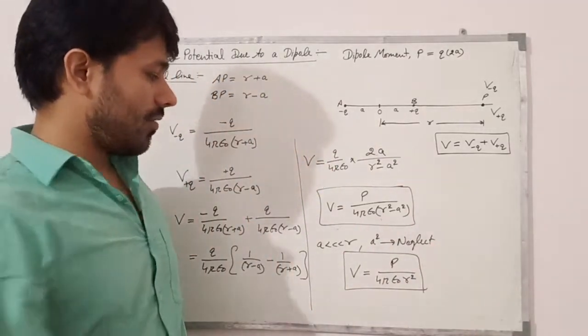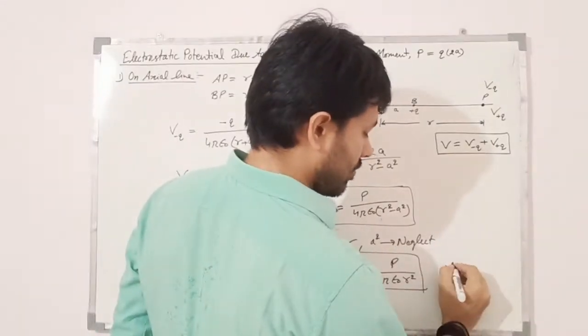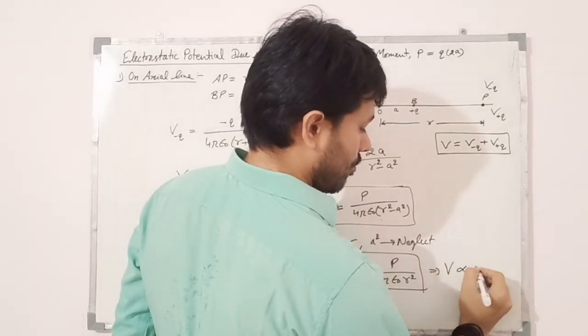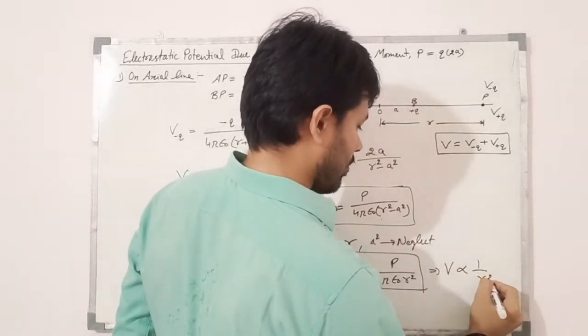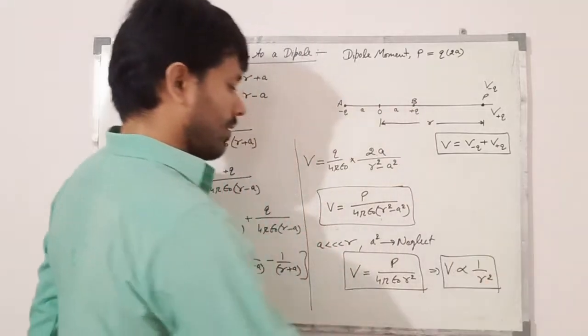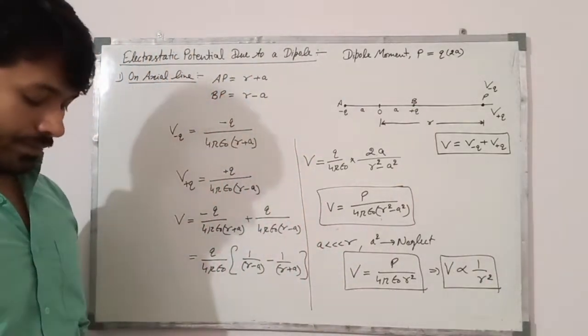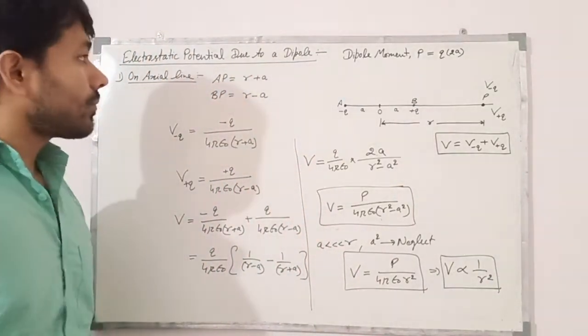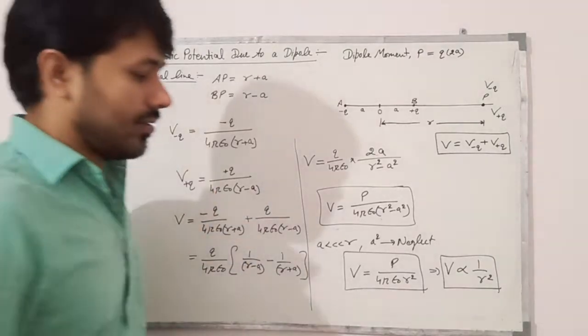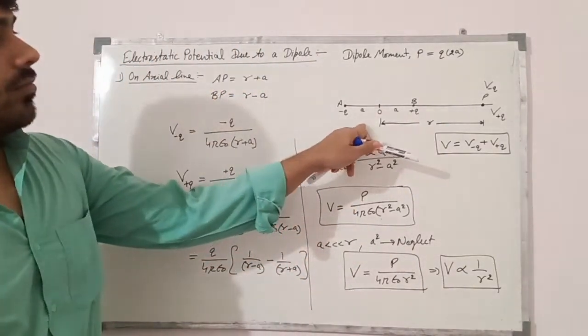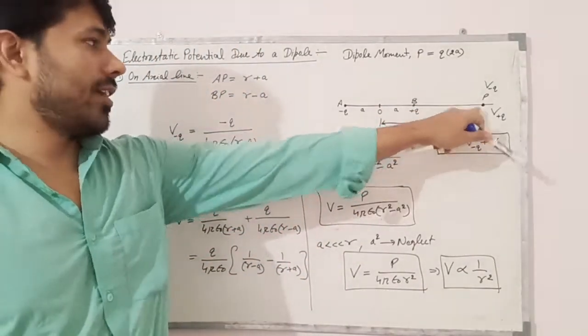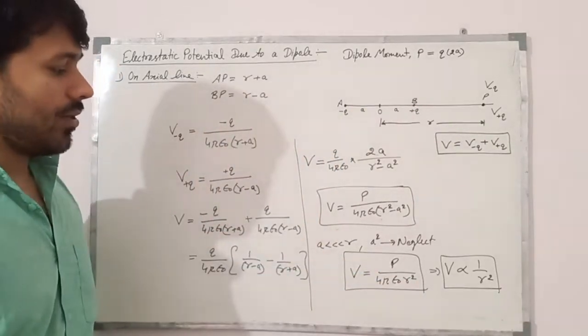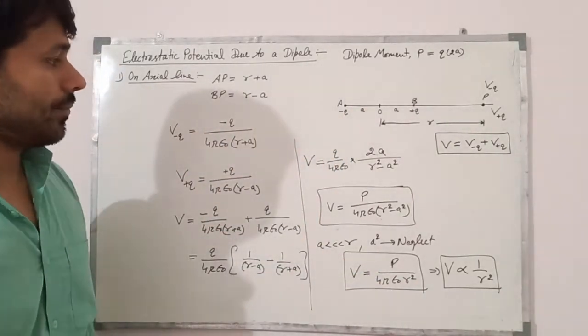From here we can see that the potential is proportional to 1 upon R square. This is the potential due to a dipole at point P lying on the axial line.